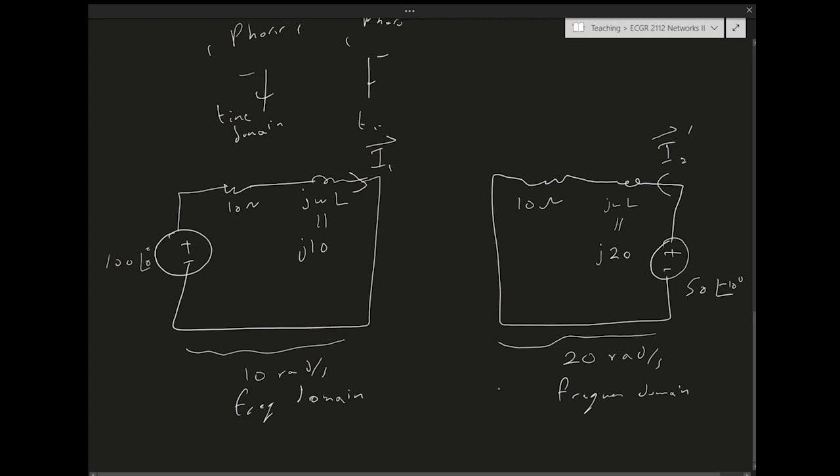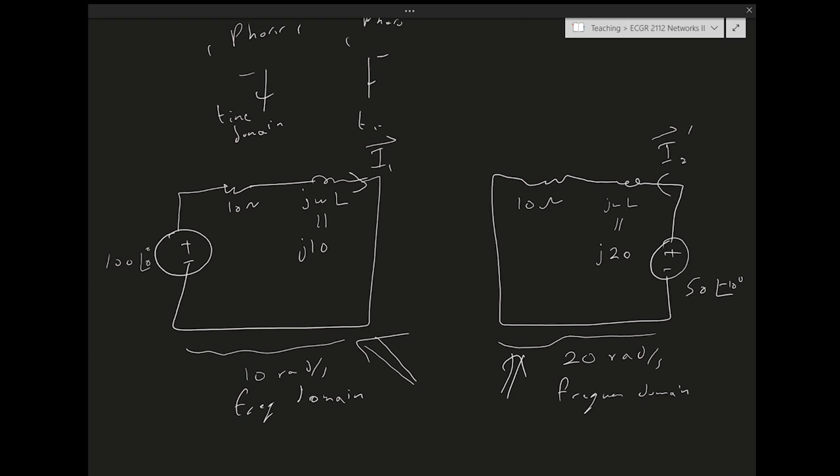Any phasors I calculate here, I cannot add or combine with any phasors I calculate here, right? Because they are in different frequency domains. What I have to do is solve for them separately, but then I can still add them together. But before I do that, I have to go back to the time domain, where I can add signals of different frequencies.